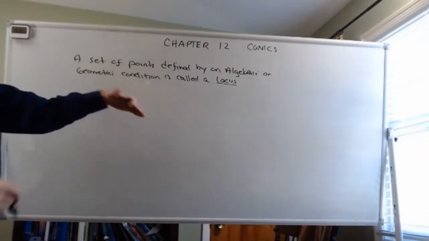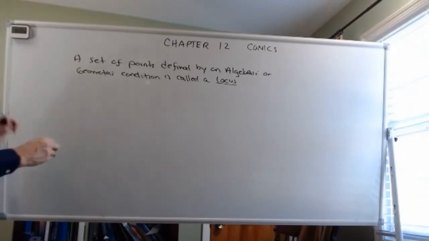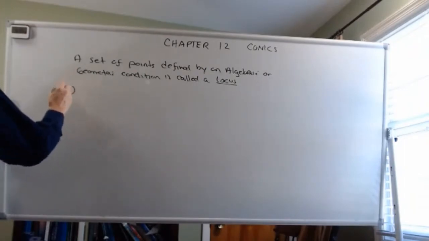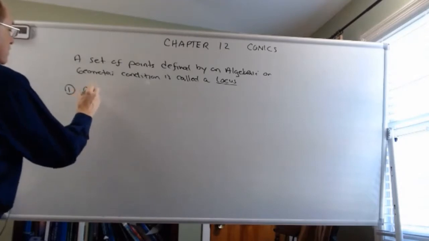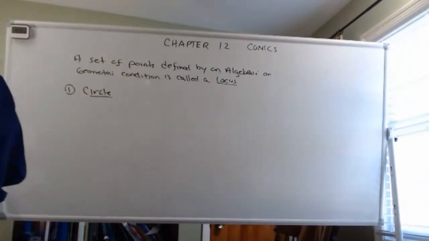We're going to be defining a locus, a set of points, for a variety of those different objects that we just showed you pictorially. The first one is going to be a circle. And the definition we give for a circle is very simple.